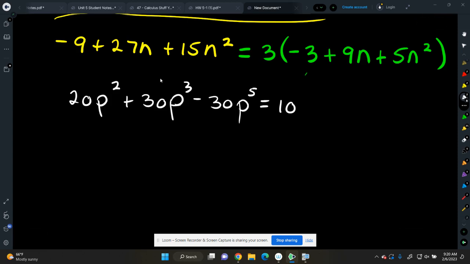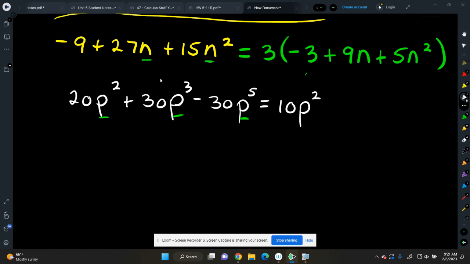Now, this one's different because all three of these terms have a p in them. See, up here, these both had an n, but the 9 did not. Since they all have a p, that means I can factor a p out as a greatest common factor. So I'm going to take out a p, and actually a p squared.